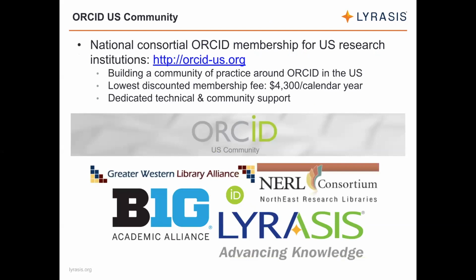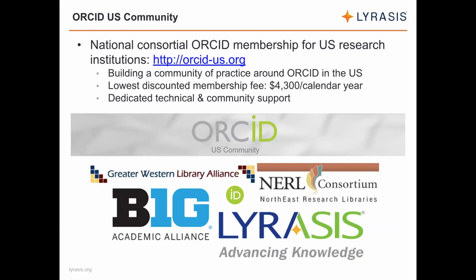The ORCID US community provides a national approach to adoption and integration of ORCID for nonprofit research institutions in the United States, with the goal of building a community of practice around ORCID in the US and helping all institutional members get the most value from their ORCID membership.